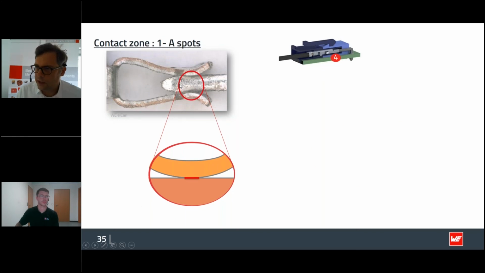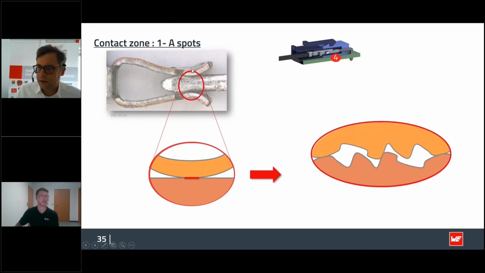is the contact zone. If you contact a female and a male contact with each other, A-spots get created in between. Here on top you have the connection of the male contact, shown in orange, and the contact of the male connection down below. In between you get the so-called A-spots.